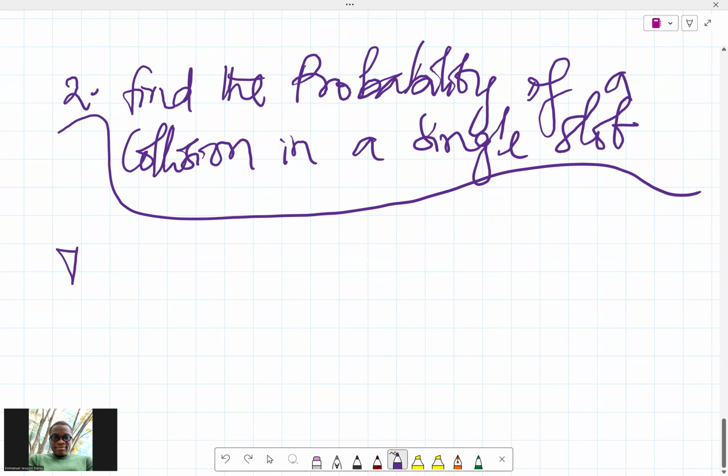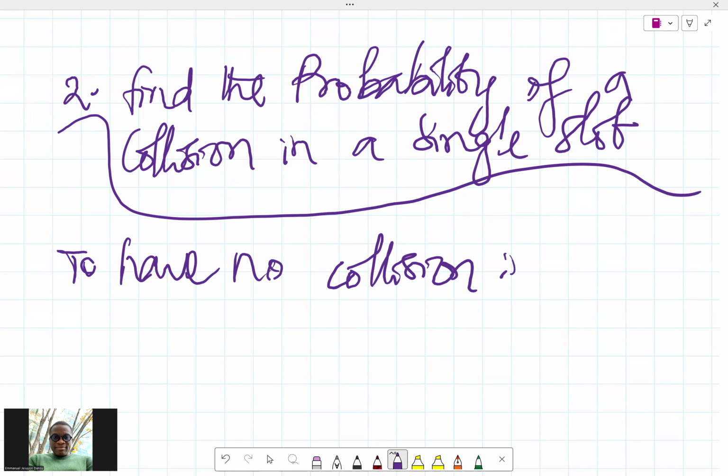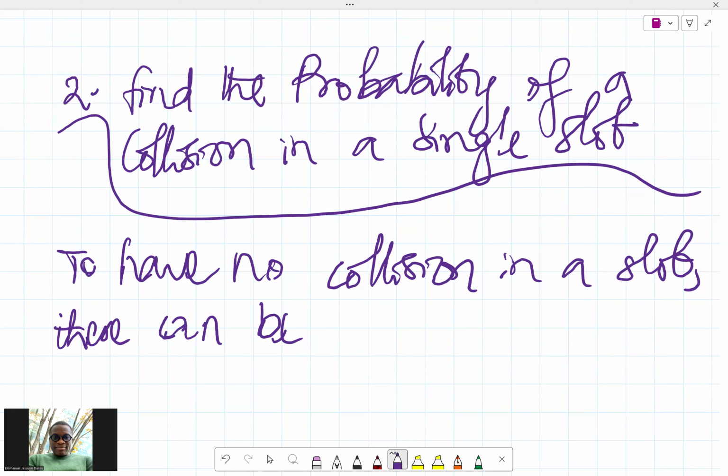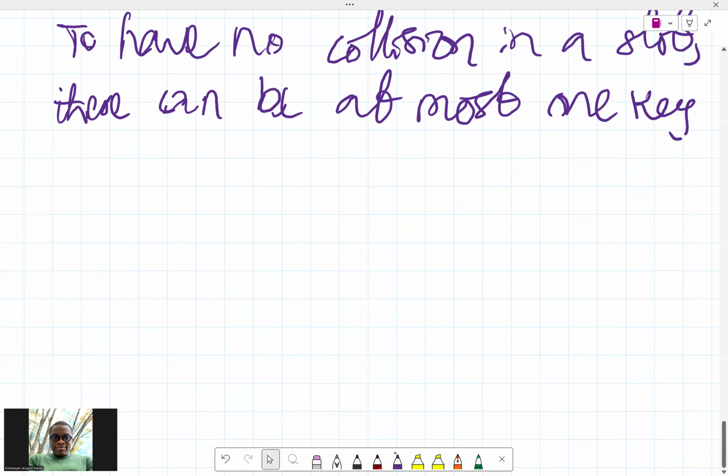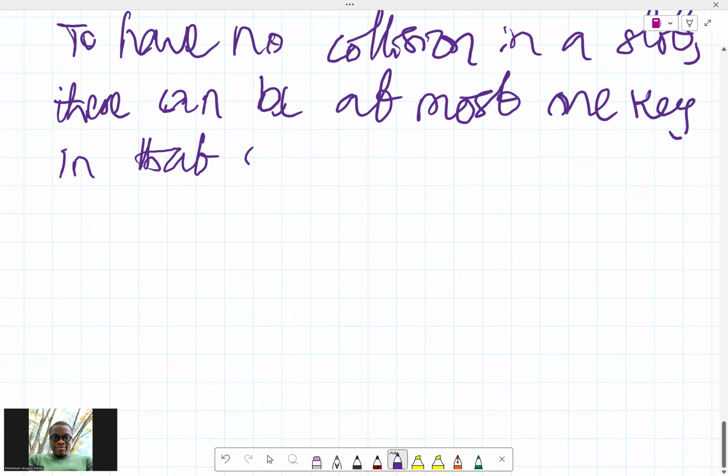So to have no collision in a slot, there can be at most one key in that slot, which is xi less than or equal to 1.